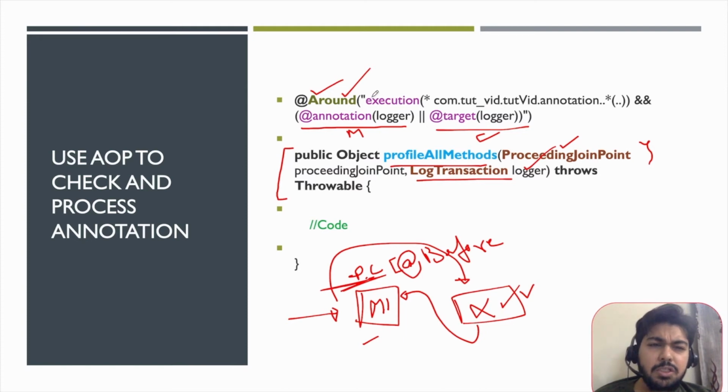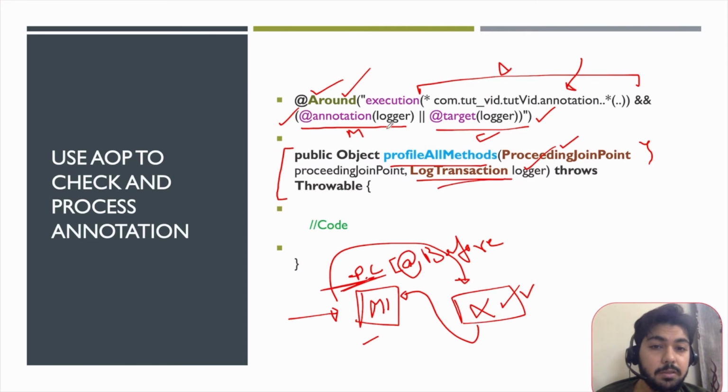The other condition which we included, which may not be necessary, is that the particular class should belong to a particular package. This is a condition which we included, and we can ignore it for a moment. Here we check our described annotation.